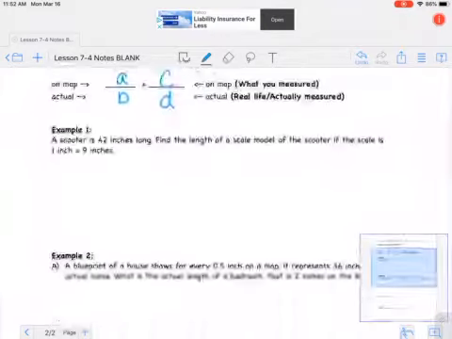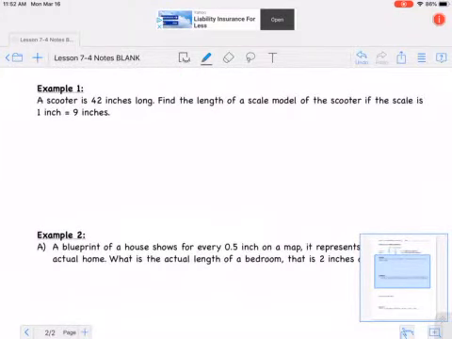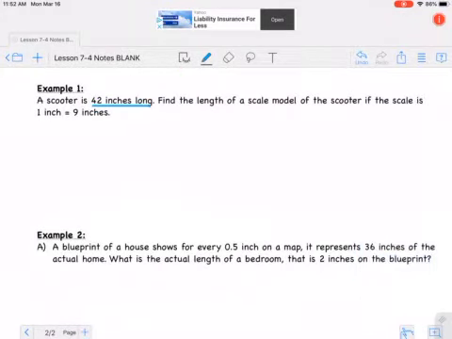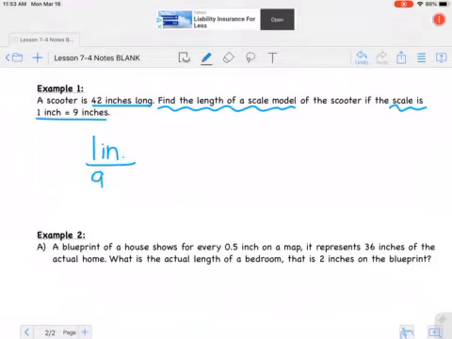Okay, so for example number 1, it says a scooter is 42 inches long. Find the length of a scale model of the scooter, so that's what we're looking for, if the scale is 1 inch is equal to 9 inches. So our scale is given to us. That is going to be our first fraction. So we have 1 inch over 9 inches.